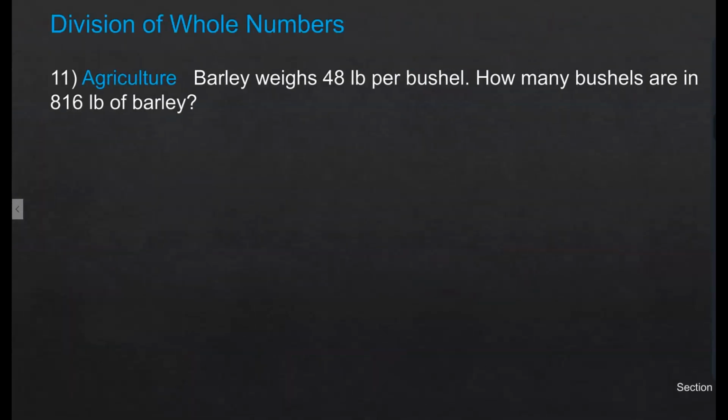All right, agriculture. Barley weighs 48 pounds per bushel. How many bushels are in 816 pounds of barley? All right, so because it's 48 pounds per bushel, that means we're going to take the 816 pounds and divide it by 48, and that gives us 17 bushels.